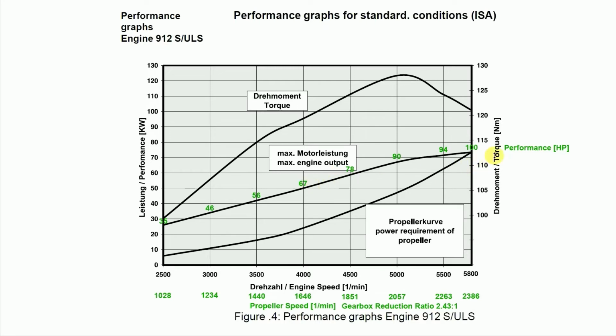Therefore, if we want maximum power or maximum continuous power, then we have to maintain these engine speeds. And that's where a constant speed propeller comes in handy, because it does just that.